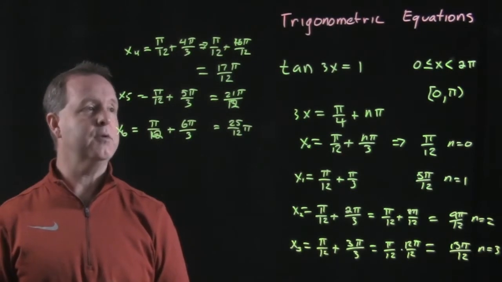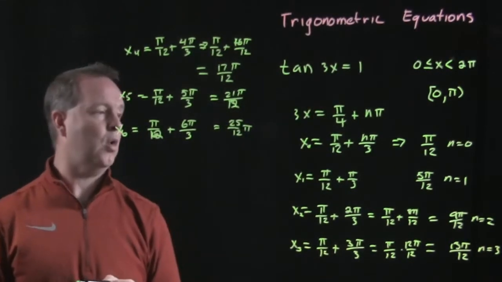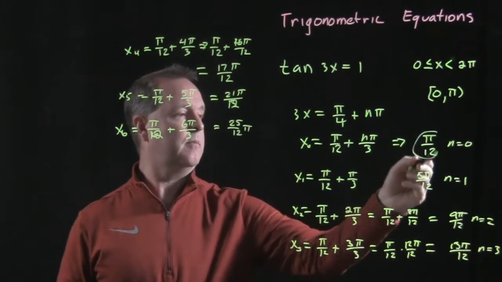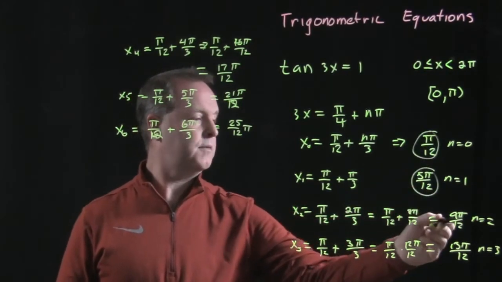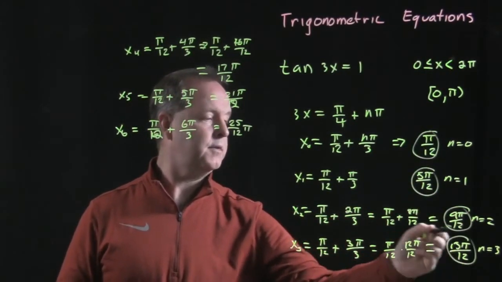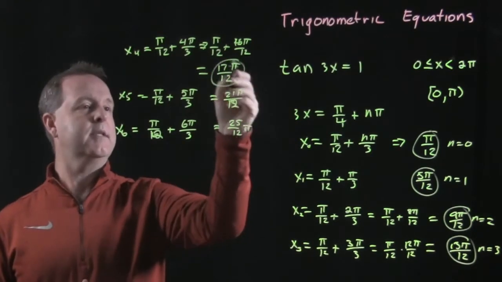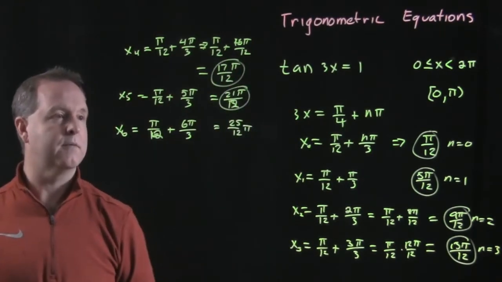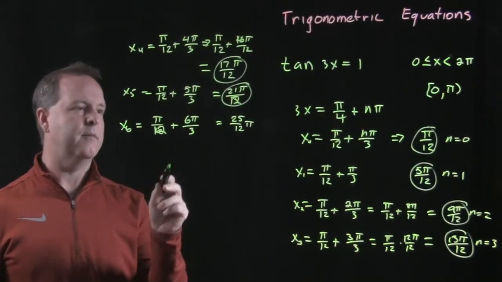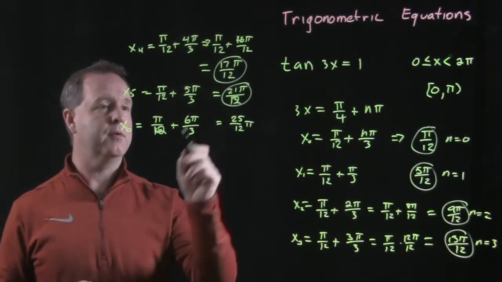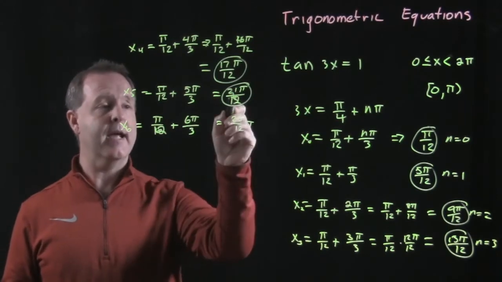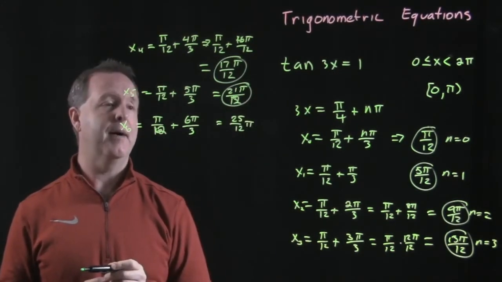So all my solutions of tangent 3x equals 1 are pi twelfths, 5 pi twelfths, 9 pi twelfths, 13 pi twelfths, 17 pi twelfths, and 21 pi twelfths. As I was rushing through to get you all the examples, you may have caught it: I can go ahead and reduce 21 pi twelfths as well.